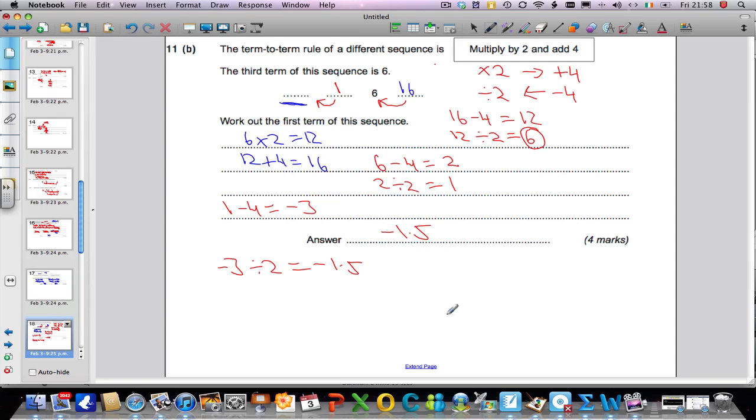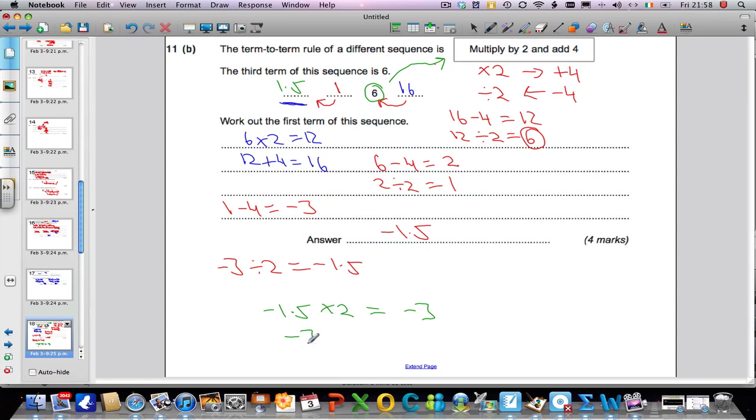And if you finish the exam early, double check by going in the correct direction to see if you got it right. Because I have time here, I'm going to check it. Minus 1.5. So if that was indeed the first term, I should be able to work out this term by following this rule. If I double minus 1.5, we get minus 3.